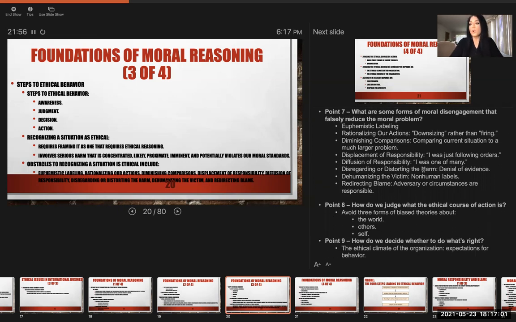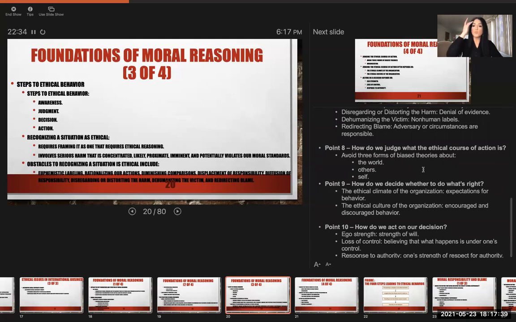So what are some forms of moral disengagement that falsely reduce the moral problem? Well, we look at euphemistic labeling, rationalizing our actions, such as downsizing rather than firing; diminishing comparisons, comparing current situations to a much larger problem; displacement of responsibility: I was just following orders; the diffusion of responsibility: I was one of many; disregarding or distorting the harm, denial of evidence; dehumanizing the victim with a non-human label; and redirecting blame, adverse circumstances are responsible.